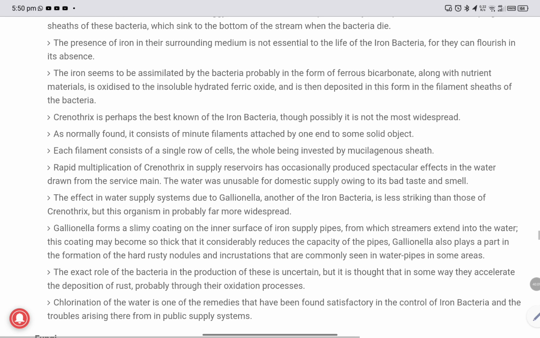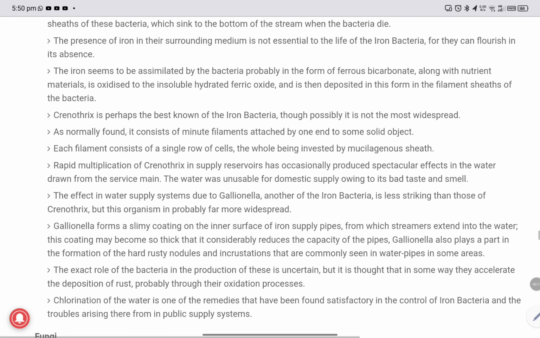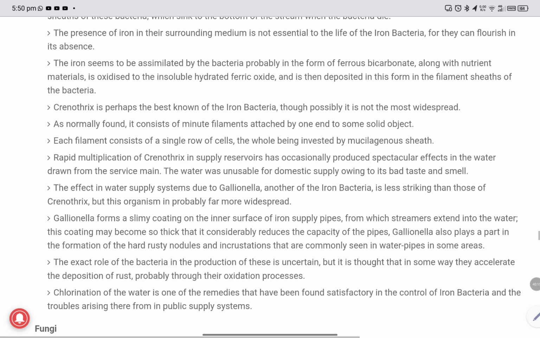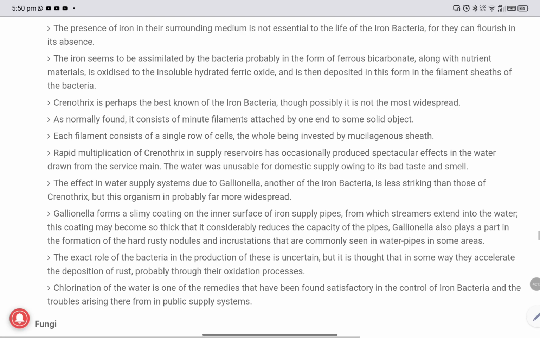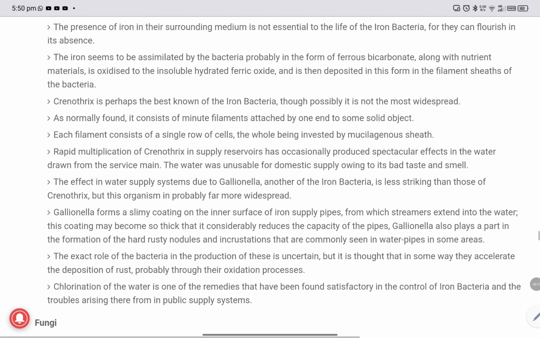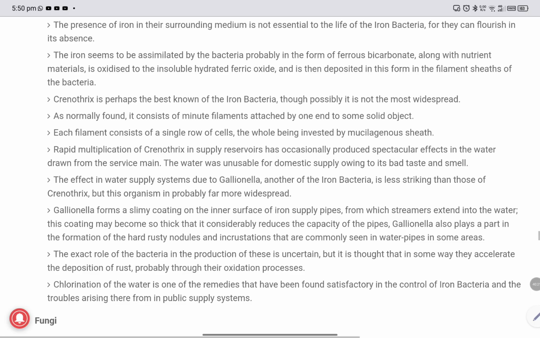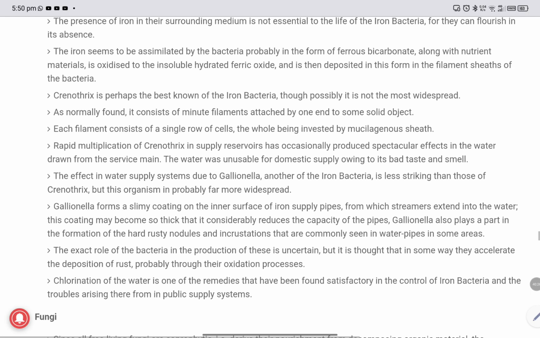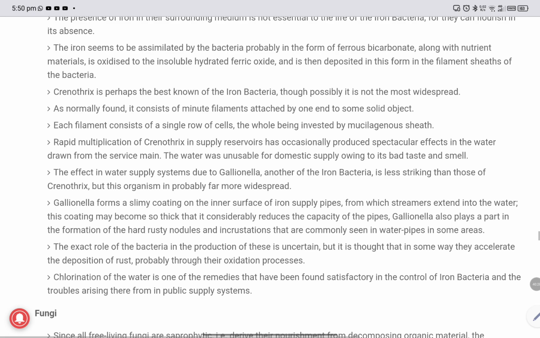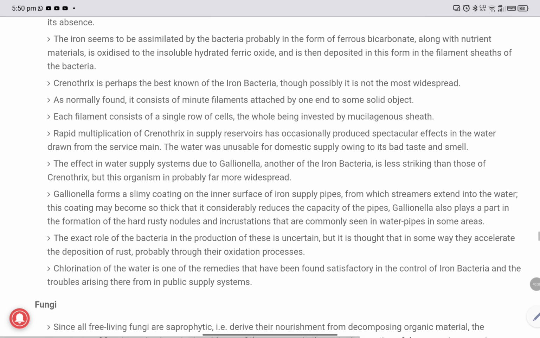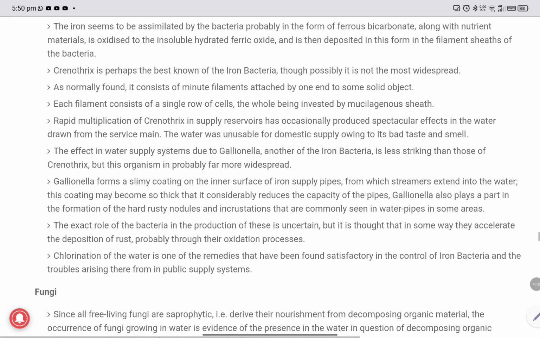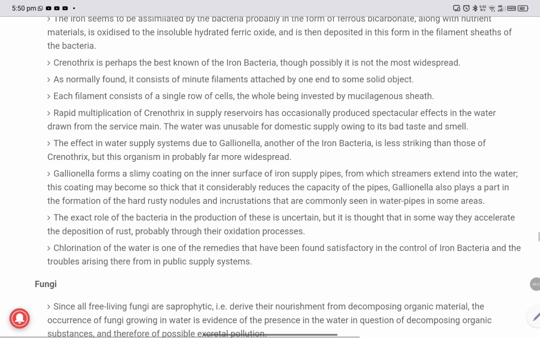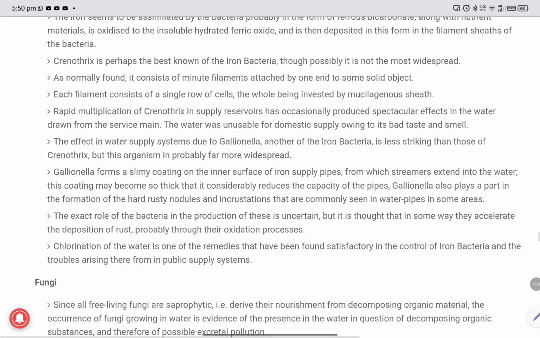The iron seems to be assimilated by the bacteria, probably in the form of ferrous bicarbonate, along with nutrient material, is oxidized to the insoluble hydrated ferric oxide and is then deposited in this form in the filament sheath of the bacteria. Crenothrix is perhaps the best known of the iron bacteria, though possibly it is not the most widespread.